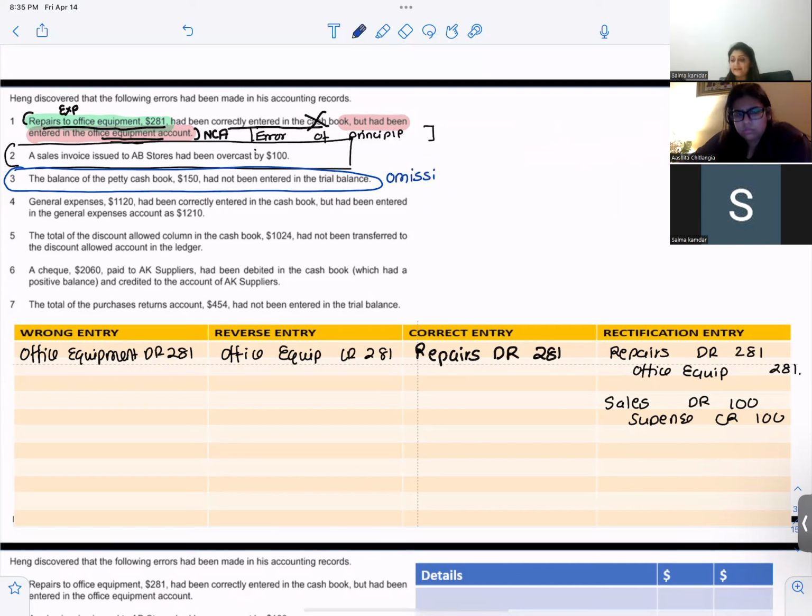So if you have not entered something in the trial balance, you have to enter it. What is the journal entry? Petty cash book has a debit balance, so it will be petty cash book debit and suspense credit.